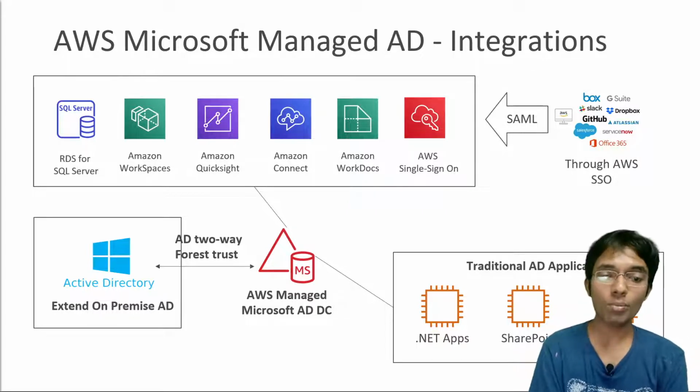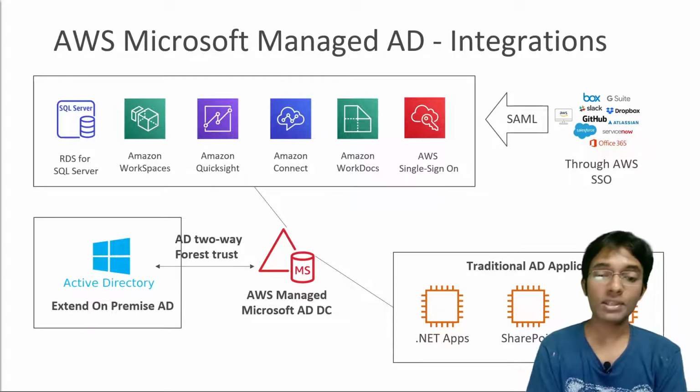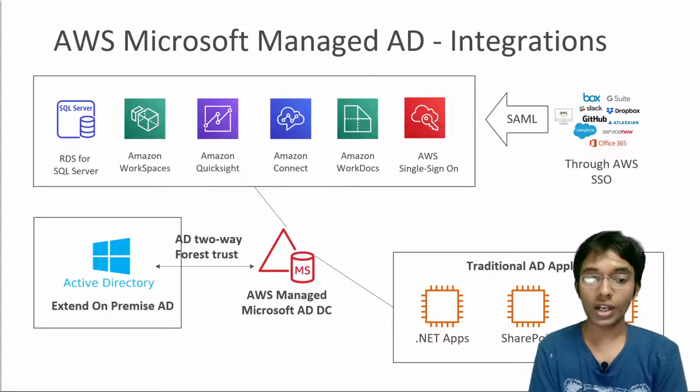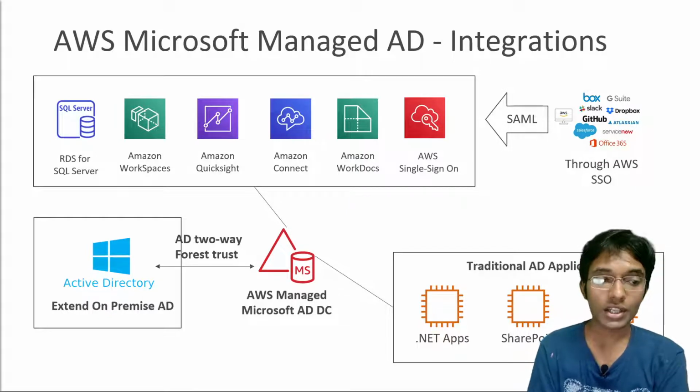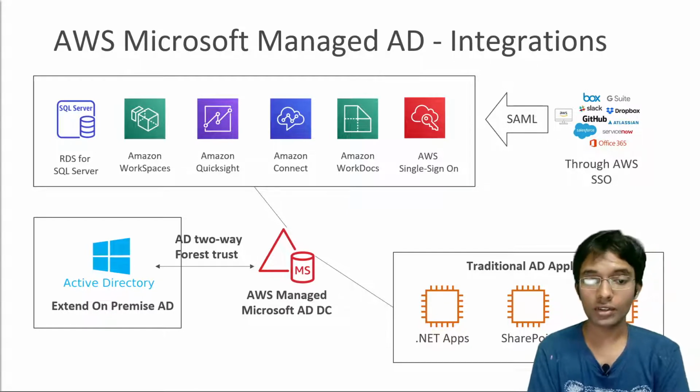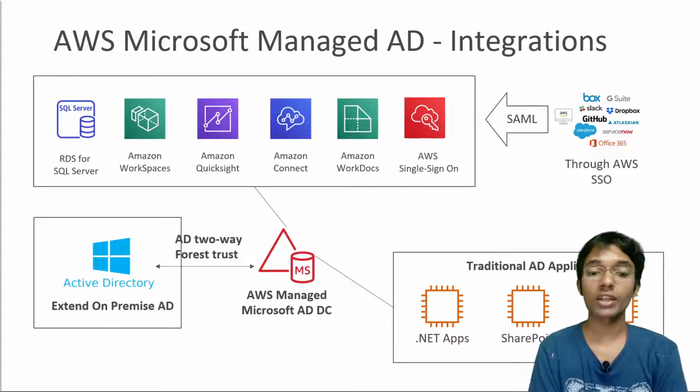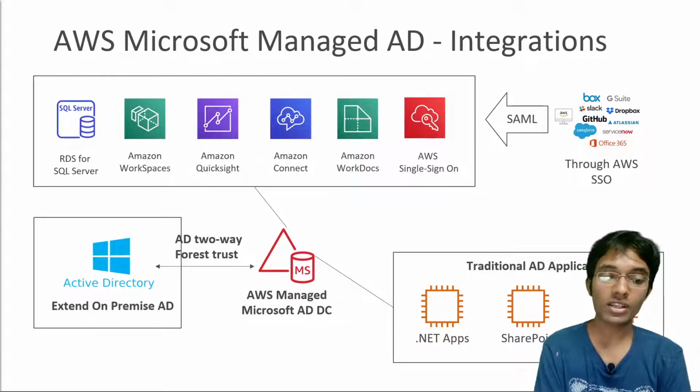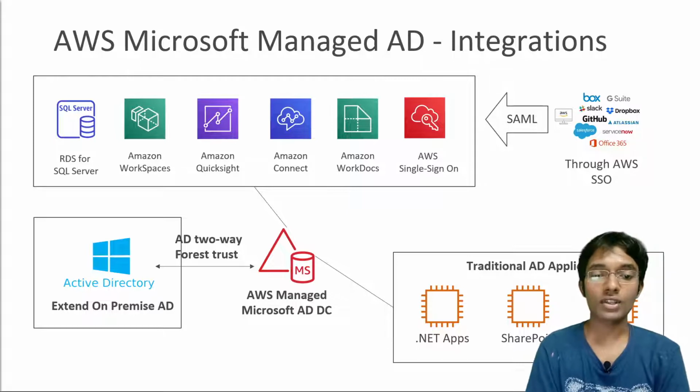Most importantly, RDS for SQL Server, Amazon WorkSpaces, Amazon QuickSight, Connect, WorkDocs. Then we have the single sign-on, SSO, and with single sign-on, we'll see in a future lecture we have access to more standard business applications such as GitHub, Box, Dropbox, Office 365, and G Suite, and so on.